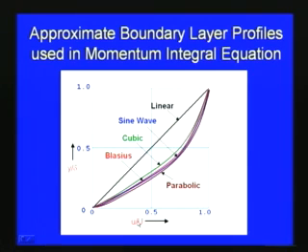For the velocity u by u infinity with respect to y by delta, we can use various approximations, whether it is linear, or what is proposed by Blasius, or cubic variations, or parabolic variations, etc. Then we can assume this velocity variation and substitute back into the momentum integral equations so that we can find the other parameters. So, this is the general way of solving these kinds of problems using the momentum integral equations.